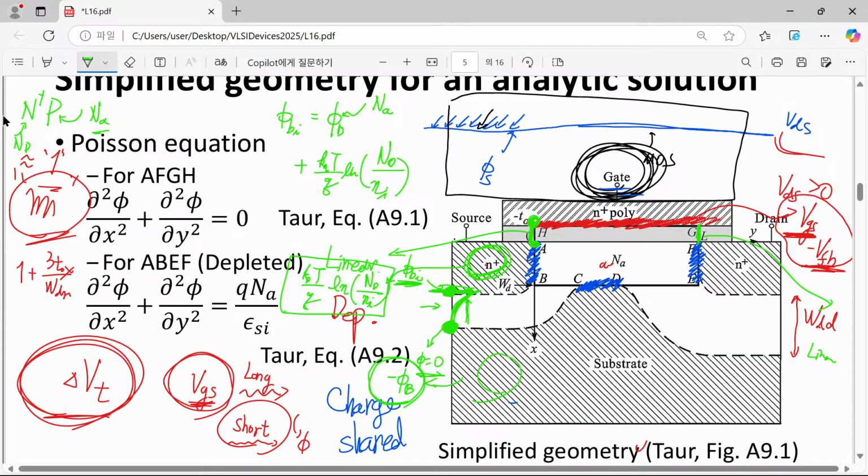That's the reason why we can just consider parabolic behavior. So this shows along this line we have the parabolic behavior. So what we can expect is, along this line also we will have a parabolic behavior. Starting from 0, there will be just a parabolic increase of electrostatic potential.